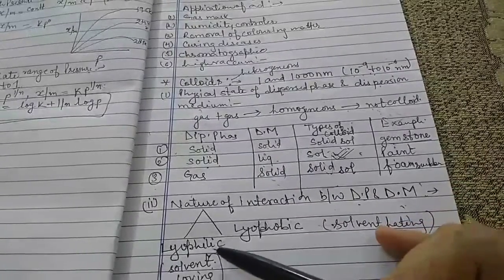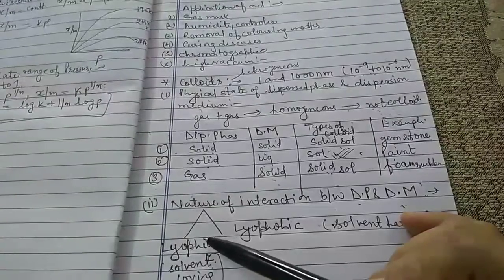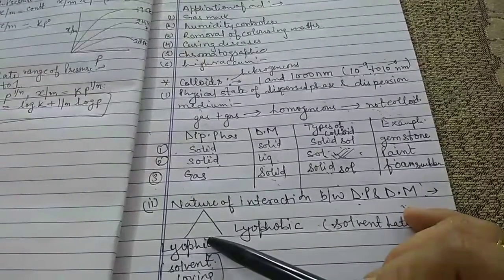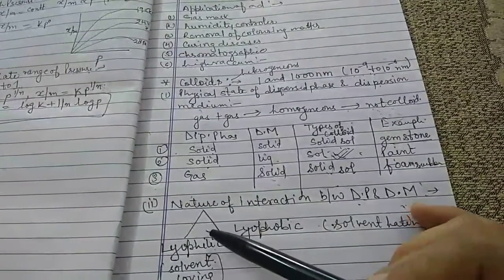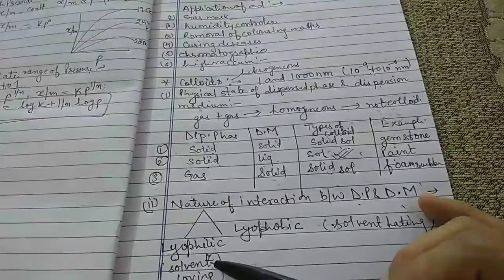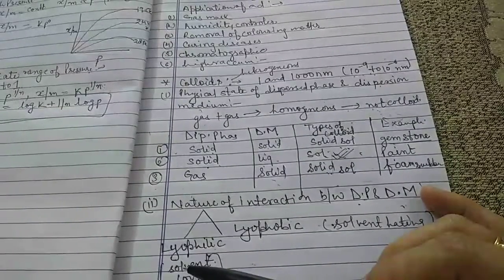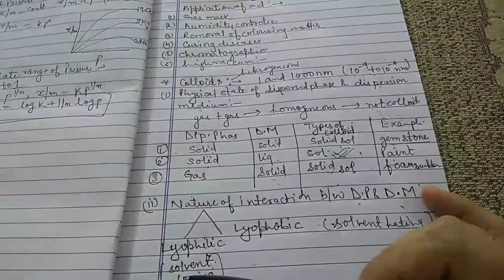In the case of lyophilic colloids, the colloidal sols form directly by mixing substances like gum, gelatin, starch, rubber with a suitable liquid. Here the liquid means the dispersion medium. They are known as lyophilic sols.